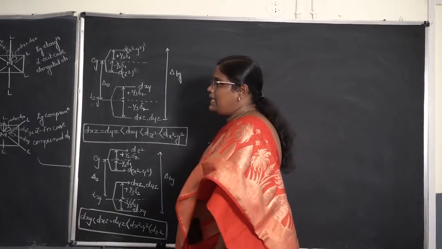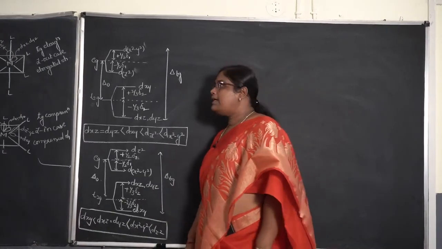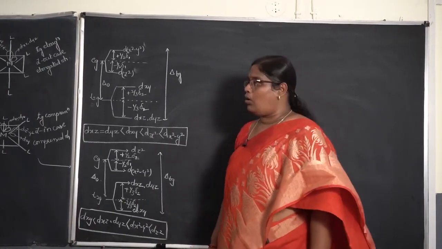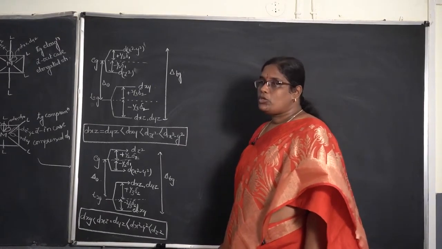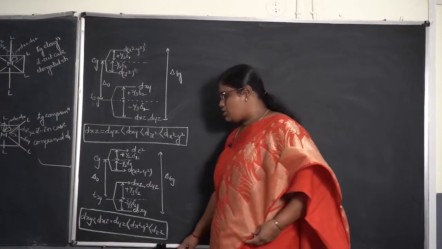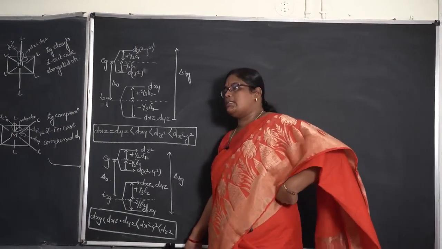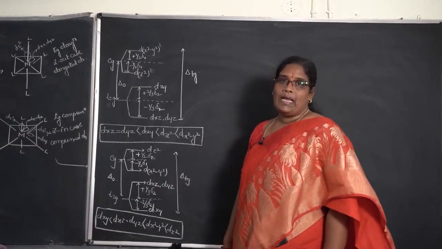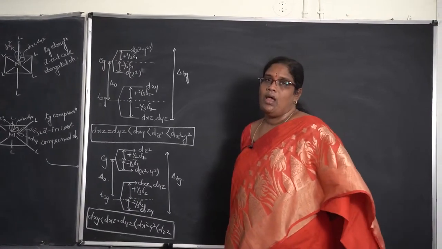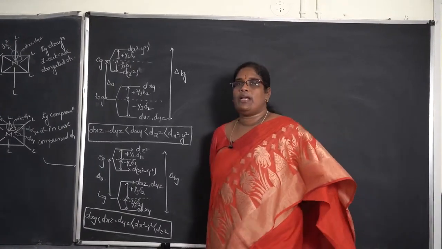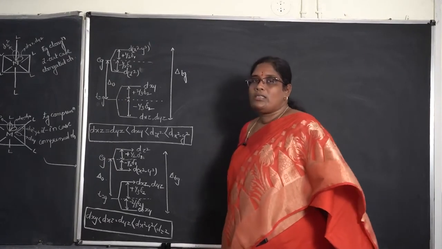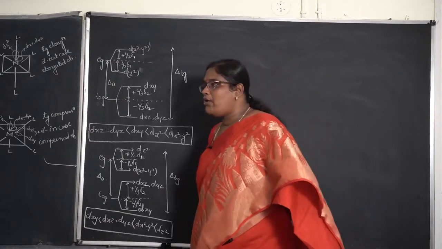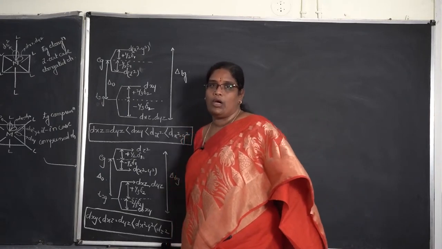How to identify whether the distortion occurs or not, and what is the nature of distortion? So one of the important applications of Jahn-Teller distortion is, by seeing the complex we can just say whether the distortion exists or not, but we cannot say what is the type of distortion by observing the complex.